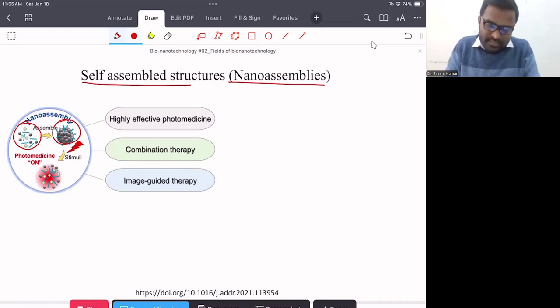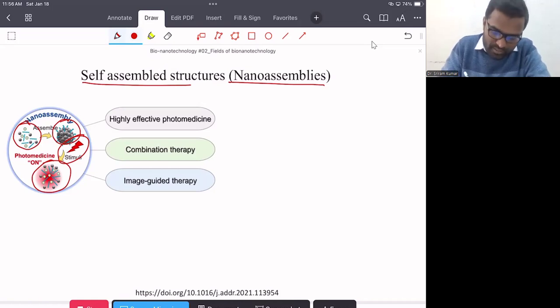Once it forms the assembly, it is sensitive to temperature and light. If you put light on it, it gives you a particular color. Based on this photoactive nature of the assembly, we can use it as a photomedicine. This kind of photomedicine has huge application in cancer treatment and cancer diagnosis.